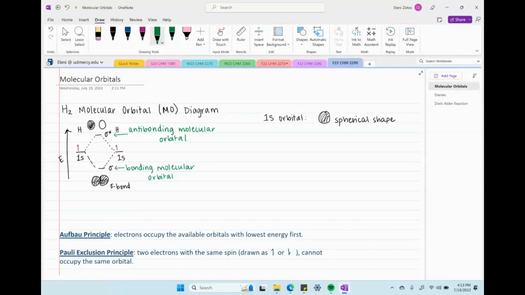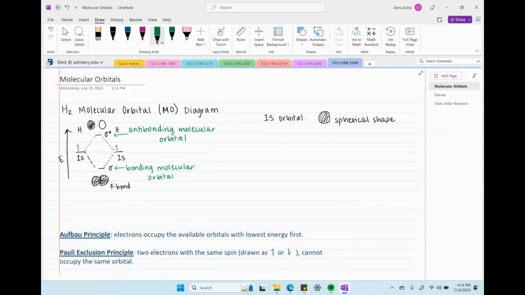Anytime you're creating a molecular orbital diagram to determine what molecular orbitals exist for a molecule, you'll always know if you have the right number of molecular orbitals by counting the originating atomic orbitals. When we have the dihydrogen molecule, we have two 1s orbitals that are overlapping.